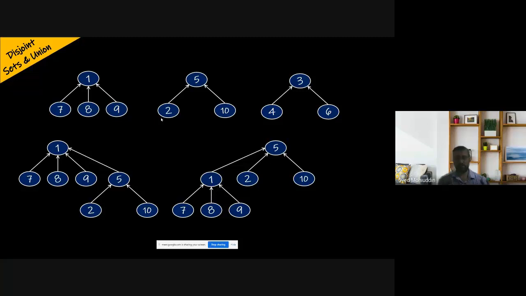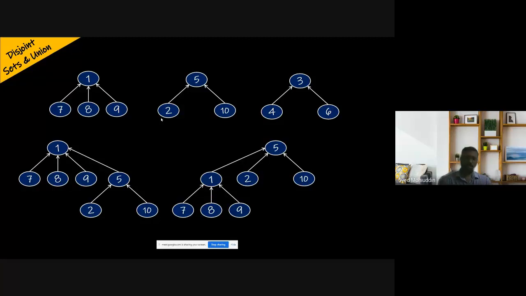When they are merged, original sets will not be present. So this is one more important thing we need to remember. When we perform union of two sets, we will not be having the original set. Now, you might be wondering, when we don't have the original set, then what happens? How are we going to refer them?